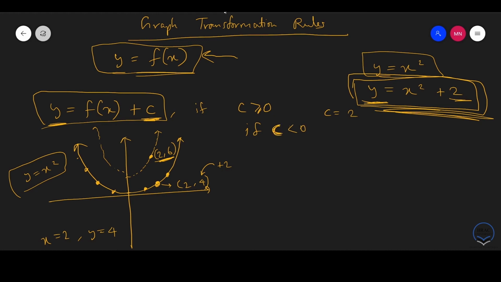So if instead we had y is equal to x squared minus 2, right, then in that case, the graph will just be shifted 2 units downwards. And we will get a graph that looks like this. So this will be the graph of y is equal to x squared minus 2.